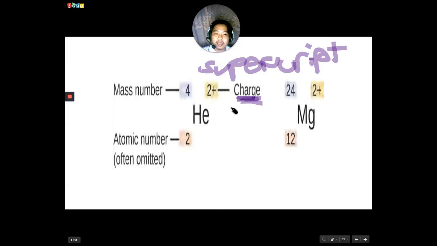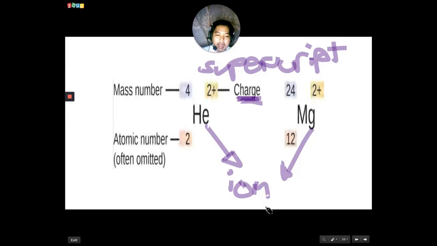So, since it's already charged, hindi na natin siya tatawagin na atom. But rather, your He and your magnesium becomes now an ion. Diba? Ion na siya. This is what we now call ion. Now, a charged atom.